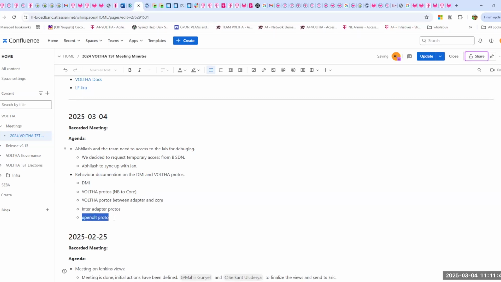And we have the OpenOLT protos. So this is what you're mentioning about the interface between OpenOLT adapter and the agent. Yeah, I mean, generally speaking, an interface between two components has impacts on two different components. Yes.